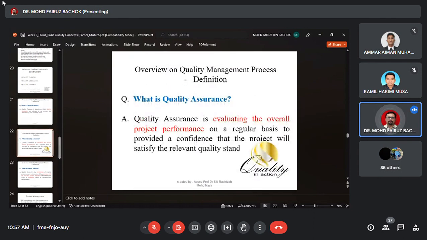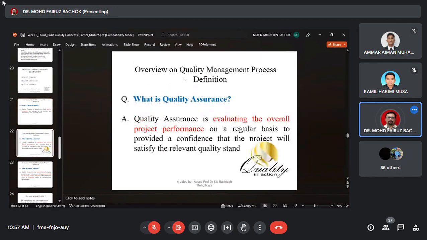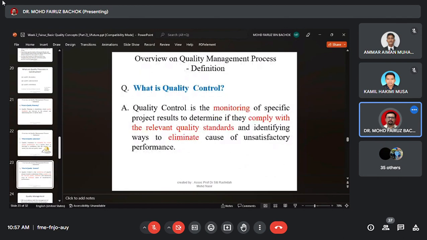Number two, after you plan, you need to assure the project goes well. That is under quality assurance. That is evaluating the overall project performance on a regular basis to provide confidence that the project will satisfy the relevant quality standard. In other words, quality planning is before construction, quality assurance is during construction, and quality control is after the construction has been constructed.